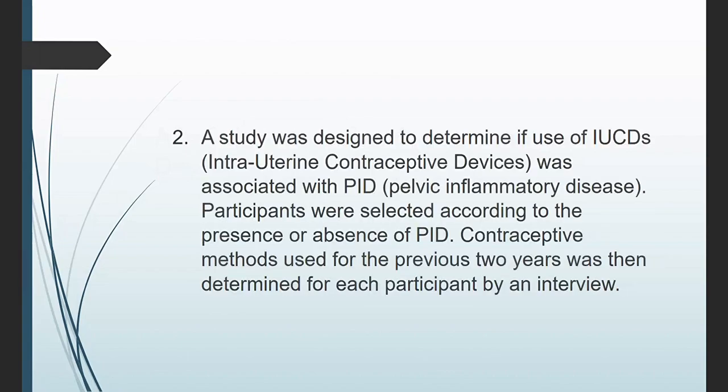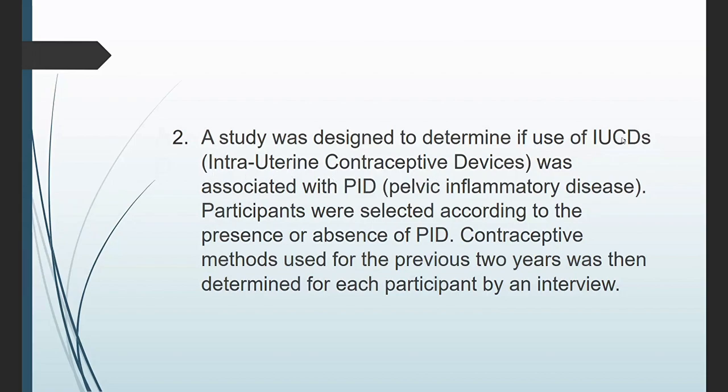Second one. A study was designed to determine if use of IUCD, the intrauterine contraceptive device, is associated with PID. Those who have difficulty with pregnancy can try using an intrauterine contraceptive.